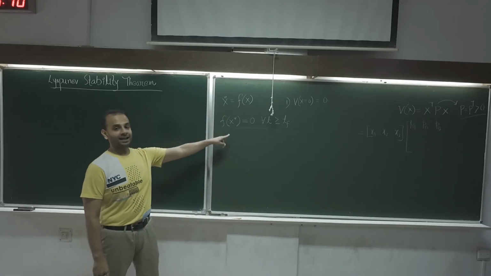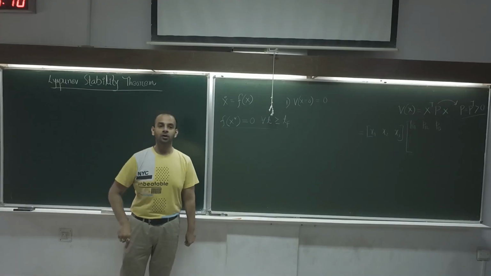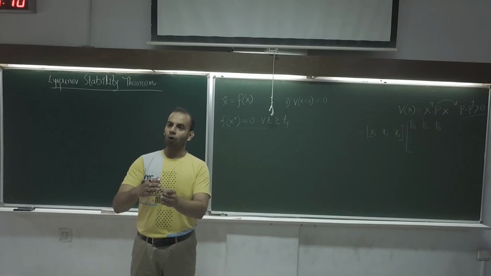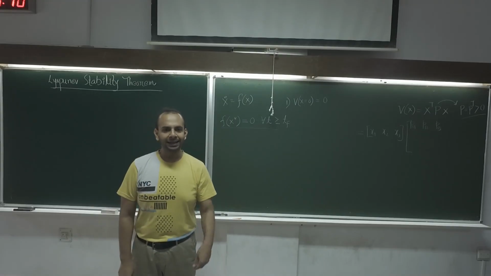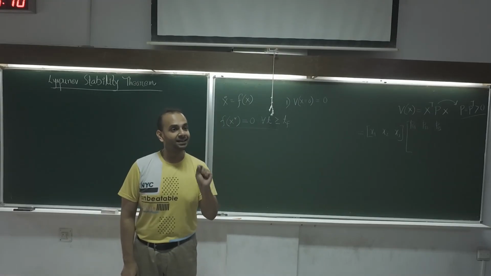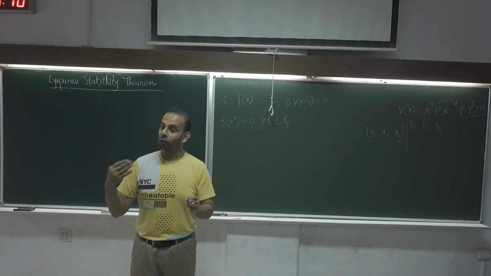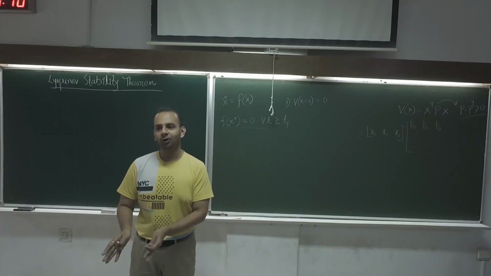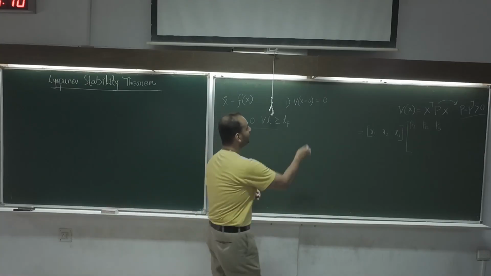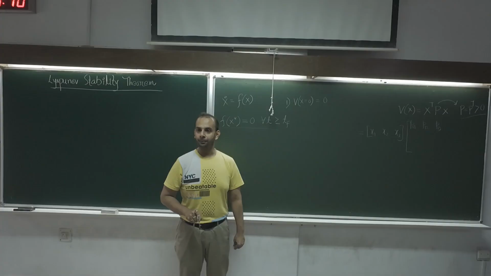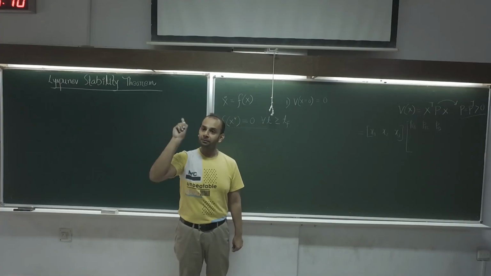And now this is directly related to the internal energy of the system. After reaching the equilibrium point, it is not able to move. What does it mean? It doesn't have any internal energy left. That means whatever potential it had, everything collapsed, right? That's why we assume this: whatever may be the equilibrium point, V of x star must be 0.